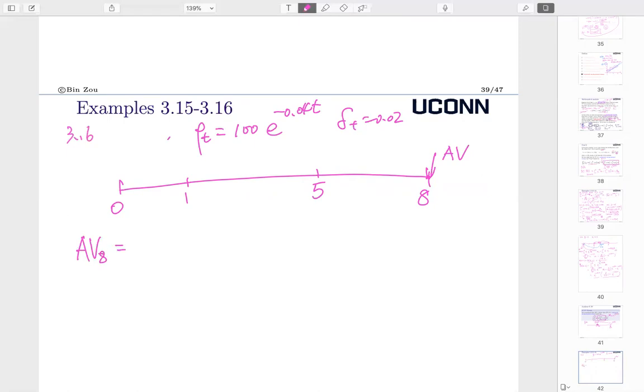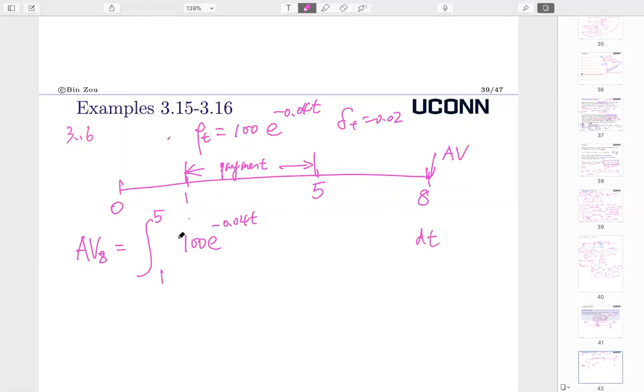So now let's do the AV at 8. Similarly to what I just did, in this case the payment is made between 1 and 5, so the integral is from 1 to 5. The payment rate, let me write dt. So I have just figured out the payment amount.